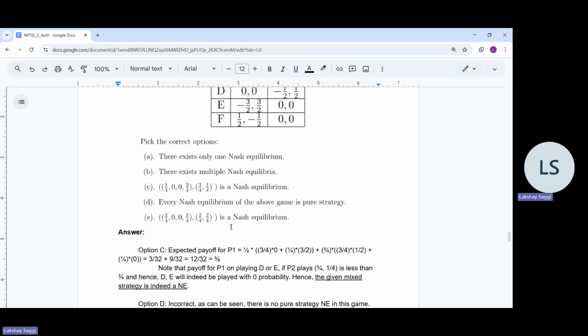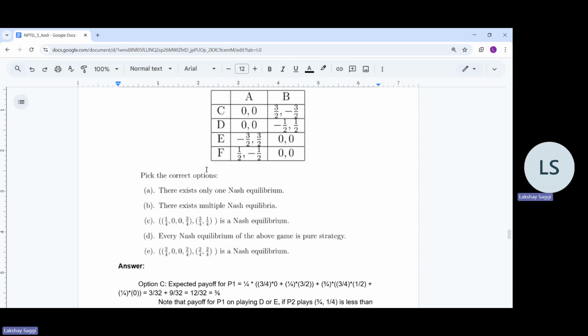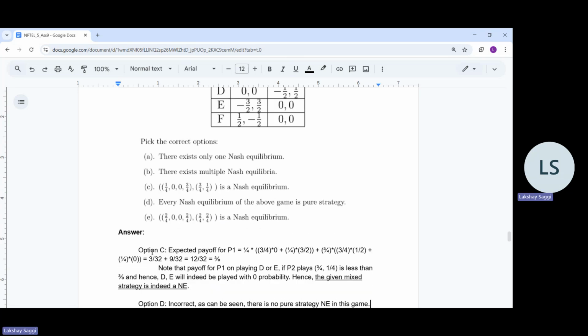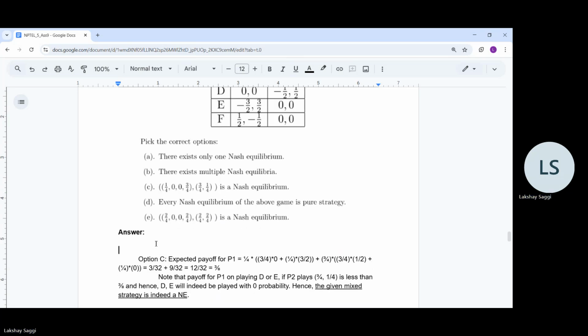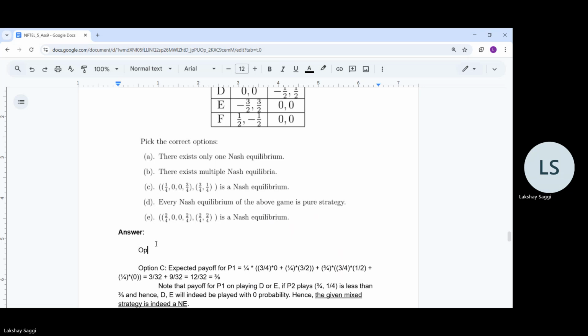Okay. So between options A and B, we have to find out whether there exists only one Nash equilibrium or more than one Nash equilibrium. This is something you should try for yourself. We just checked whether one of these is a Nash equilibrium, and we found out that it is.